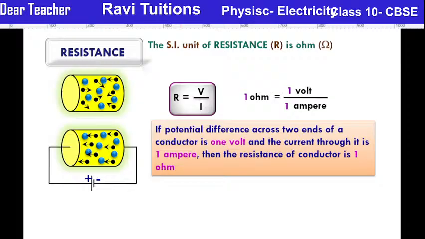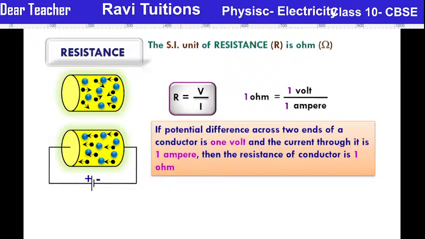So then, what is 1 ohm? If the potential difference across two ends is 1 volt and 1 ampere current is produced in the conductor, then the resistance is equal to 1 ohm. 1 ohm is equal to 1 volt per 1 ampere. Okay. So in the examination, two things will come. Define resistance, write its unit.